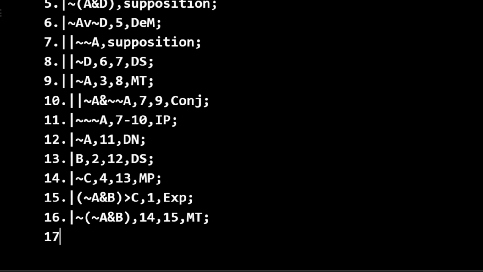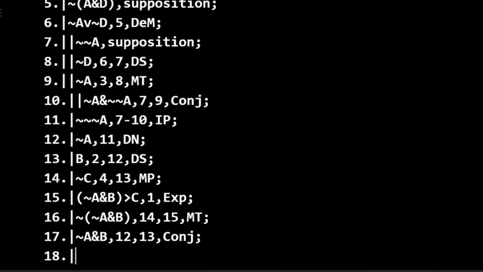Okay, then we have a contradiction shaping up here. Look at lines 12 and 13. We have not A and B, and then in line 16 we have the negation of that. So let's do this: not A and B, 12 and 13, conjunction introduction.